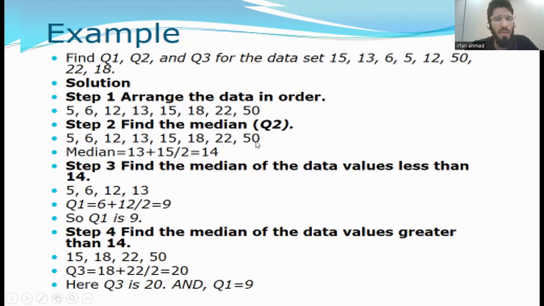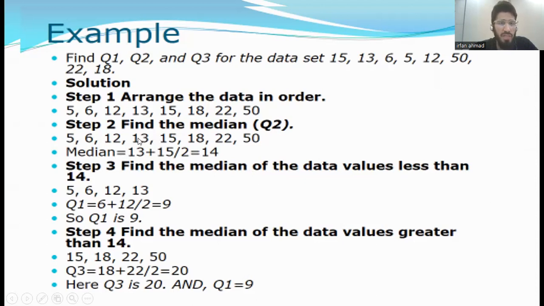So 8 plus 1 is 9, divided by 2 is 4.5. So the median lies between the fourth and fifth values, 13 and 15. We sum 13 plus 15 divided by 2, it is 14. So Q2 is here.